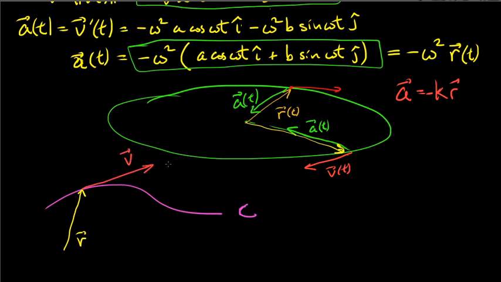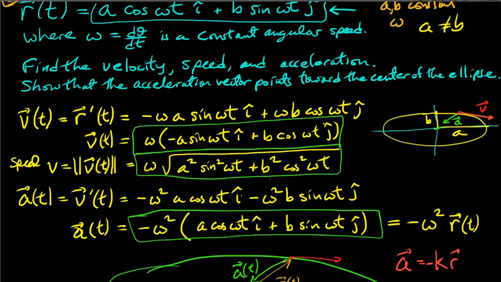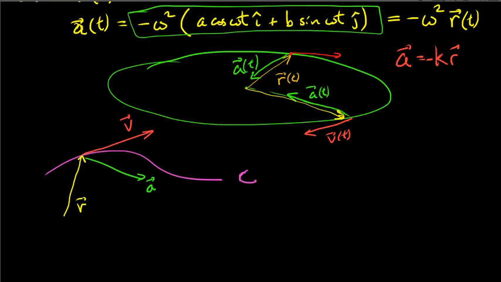It has to be tangent to the curve. But the acceleration vector could point any old direction. It doesn't have to point opposite to r. It could, and it does in this example, of course, but not in general.